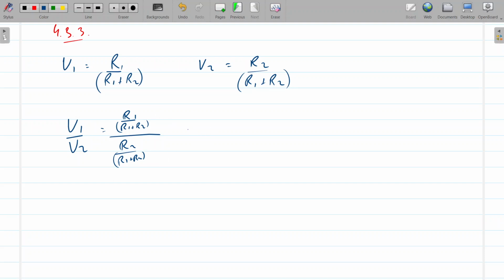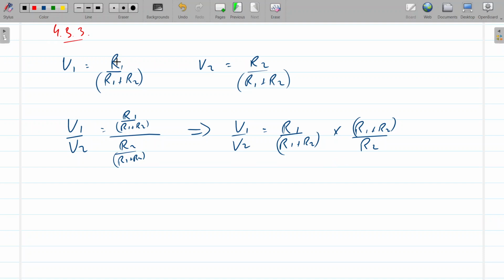And you can simplify that and say V1 over V2 equals R1 over R1 plus R2, multiplied by R1 plus R2 over R2.